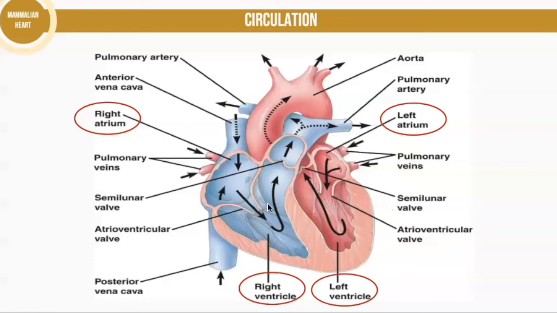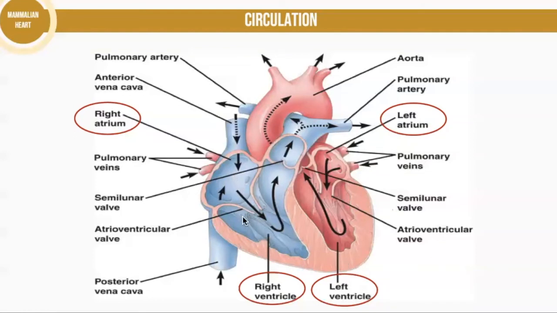So this valve is functionally similar to the valves that we have seen in the veins. Whenever you encounter valves, at least in the context of circulatory system, valves would have the function of preventing backflow. Okay, so blood from the right atrium will then go to the right ventricle.